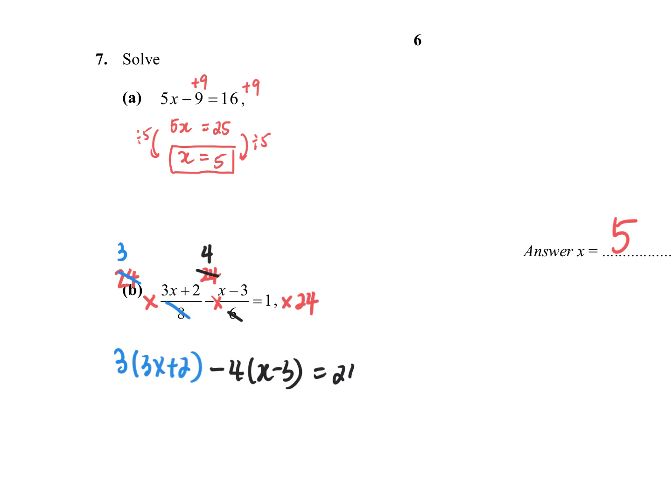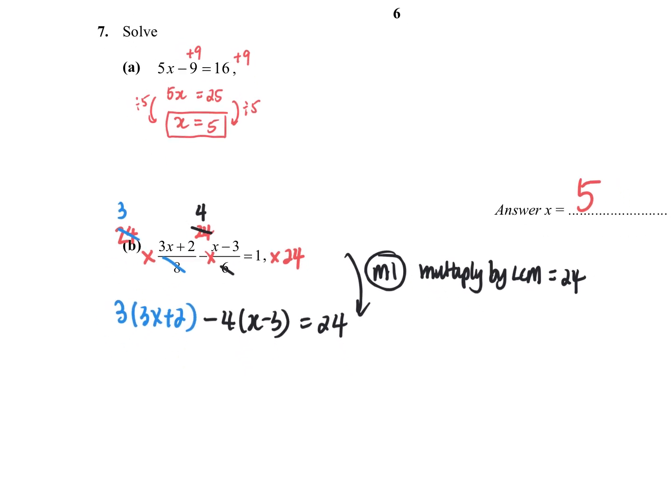And then equals to 24. So the moment you multiply by LCM, I give 1 method mark. Multiply by LCM, 24. Some of you multiply by 48, I also give. It just means that you are handling bigger number. So it's okay.